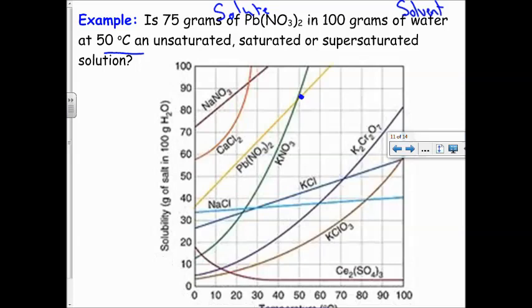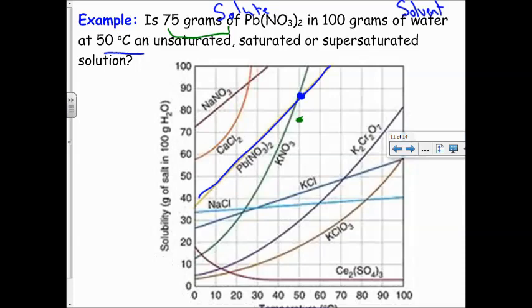And then we hit our potassium nitrate line. This is our potassium nitrate line. So we hit this point right here. And then we go through and figure out, well, 75 grams of lead nitrate would fall somewhere right around here at 50 degrees Celsius.